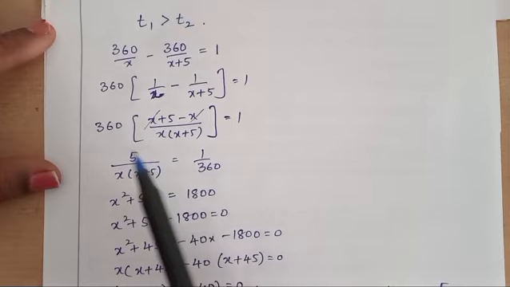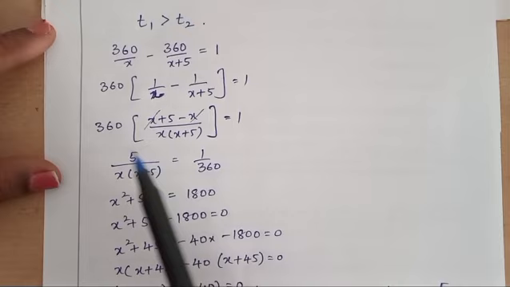The solution is as follows. Let the speed of Raj's car be x kilometers per hour. Ajay's car will be x plus 5 kilometers per hour. We know that time is equal to distance by speed. The time taken by Raj's car is equal to 400 by x hours, and Ajay's car is 400 by (x plus 5) hours. Now he says the difference between these two timings is 4.